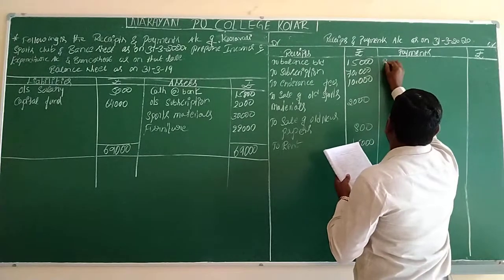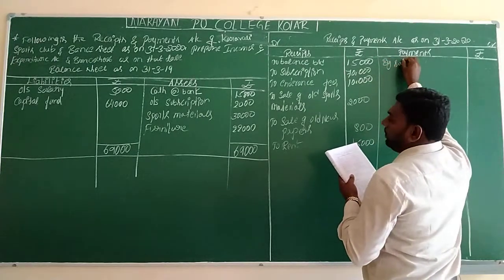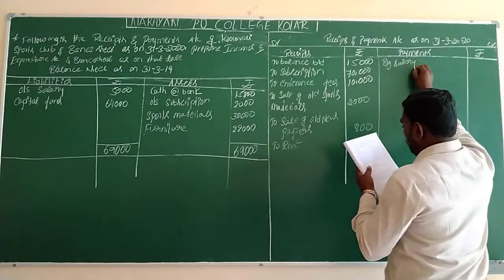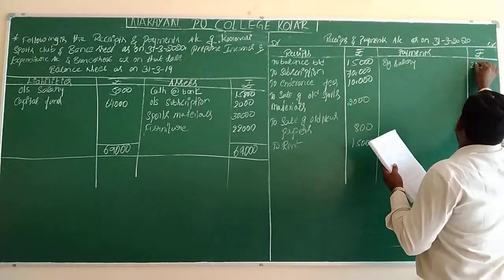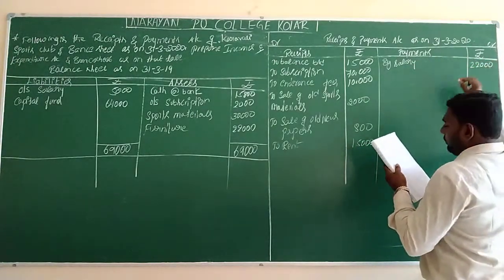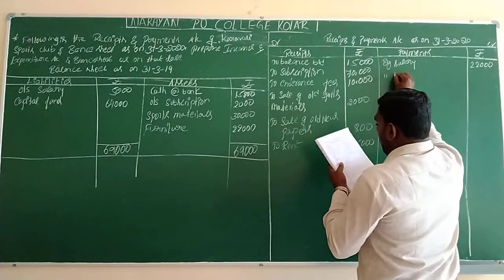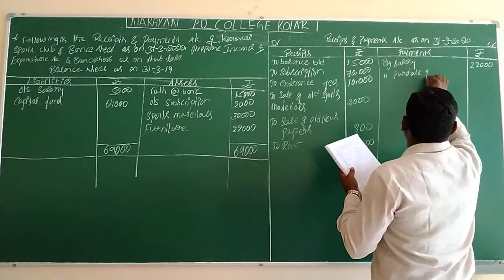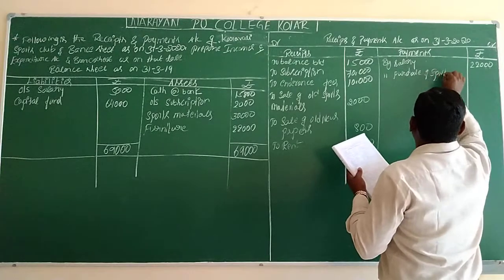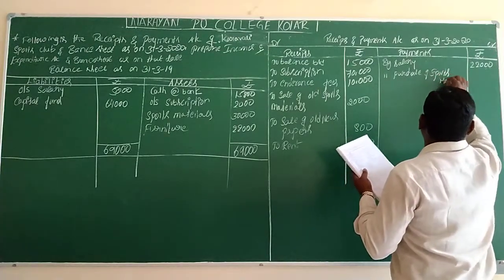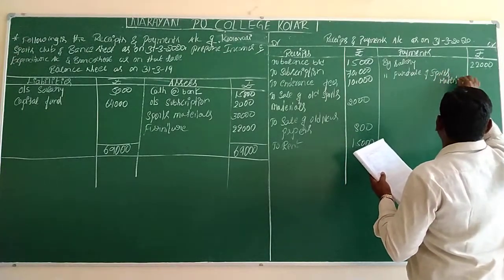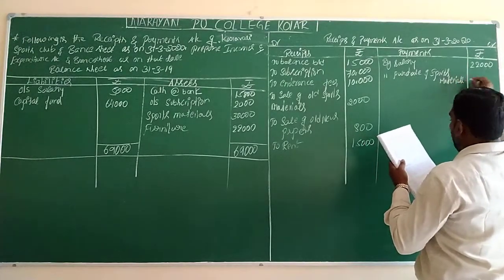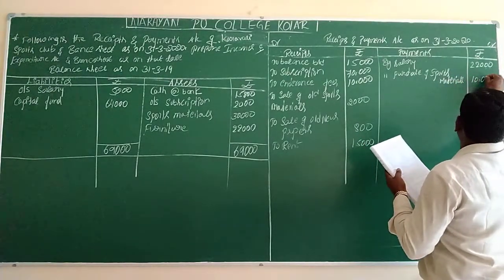By salary 22,000. By purchase of sports materials 10,000.